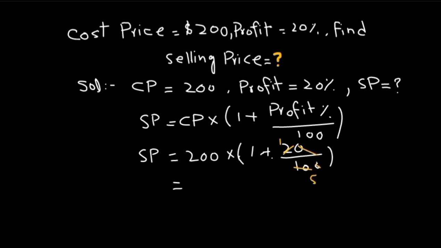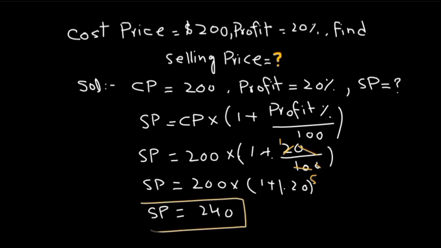So now we have 200 multiplied by 1 plus 1.20, which is 1.20. So when we multiply it, it will be 240. So our selling price is 240. So this is our answer.